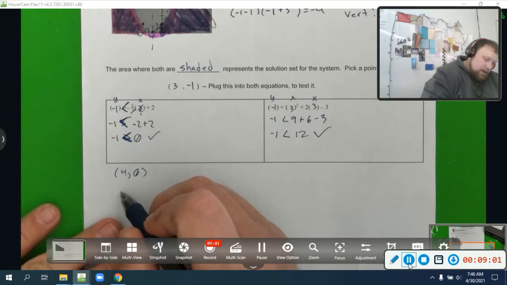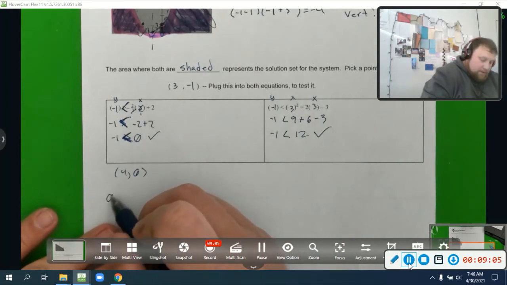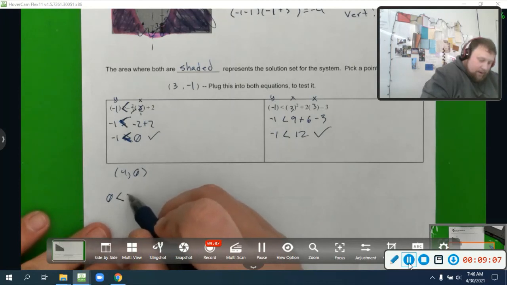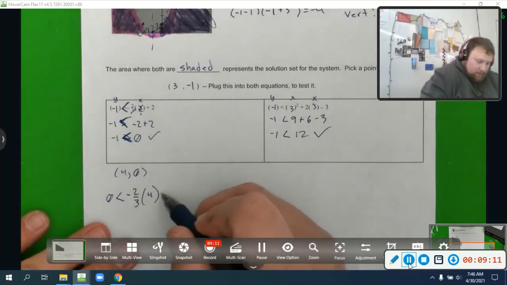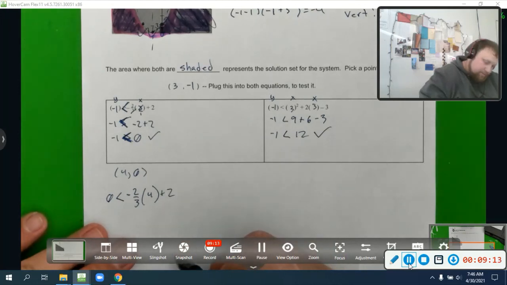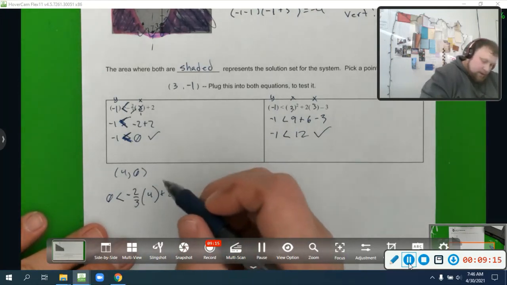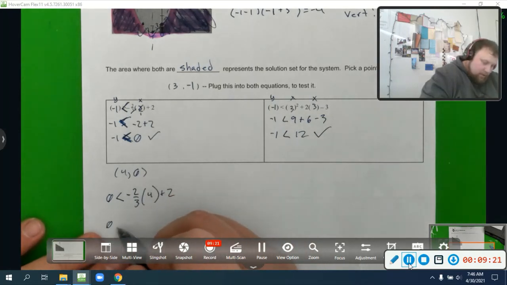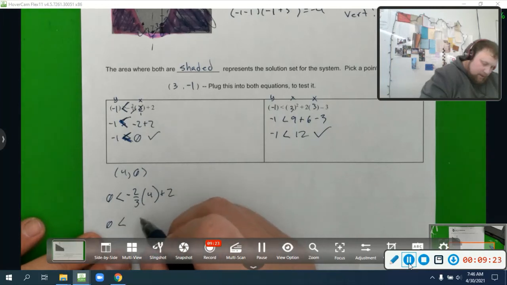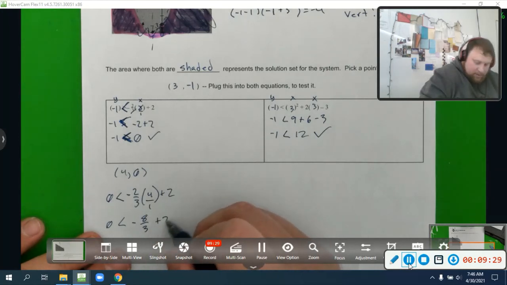What's (4, 0) going to get me? I'm going to have 0 is less than, I'm going to write that right this time, -2/3 times 4 plus 2. So I'm going to have 0 is less than -8/3, right? Just multiply straight across, plus 2.